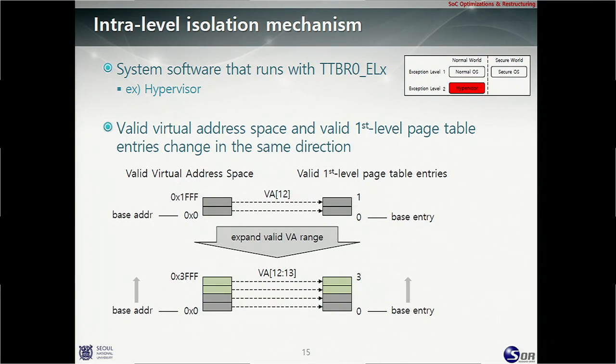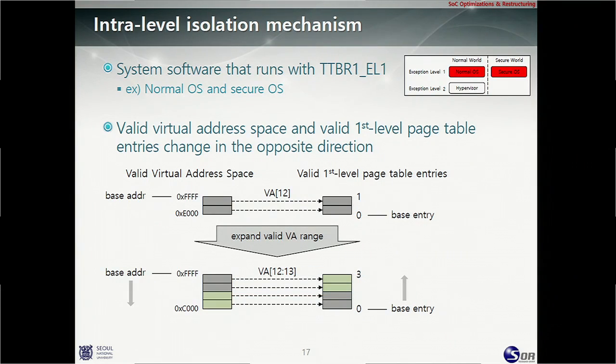So the change of the virtual address range does not compromise the consistency of the legacy mapping between the virtual address space and the first level page table entry shown in gray in the figure. Therefore, Hilps can straightforwardly implement the intra-level isolation mechanism by doubling the valid virtual address space and placing the inner domain in the added virtual address space shown in green in the figure.